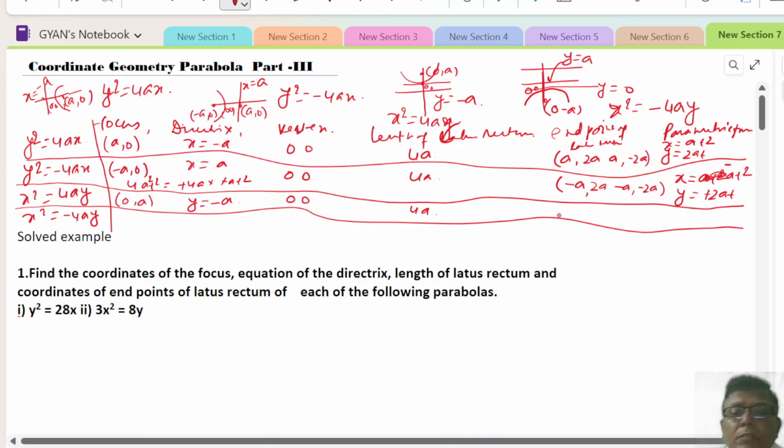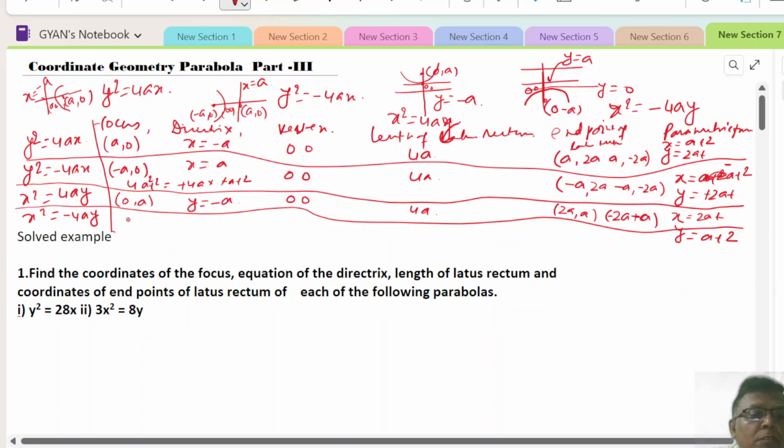End points will be (2a, a) and (-2a, a), and the parameter is x = 2at and y = at².